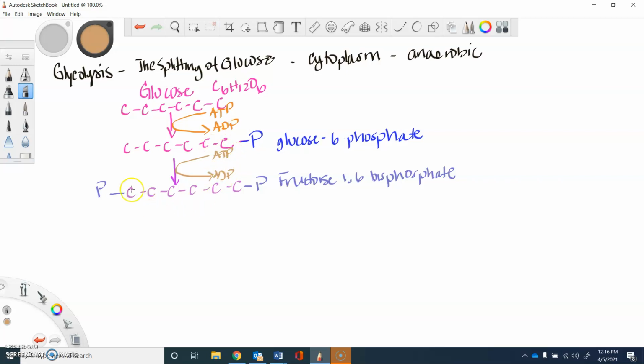So now we have these 2 phosphate groups off of our 6-carbon glucose molecule. And what the body's going to do is cut it in half. And we're going to make 2 separate molecules that are 3 carbons long.